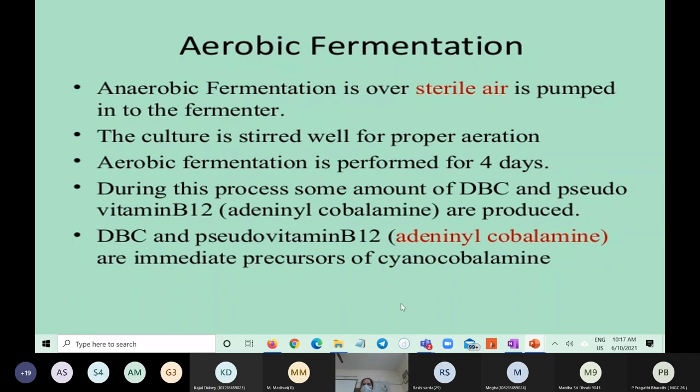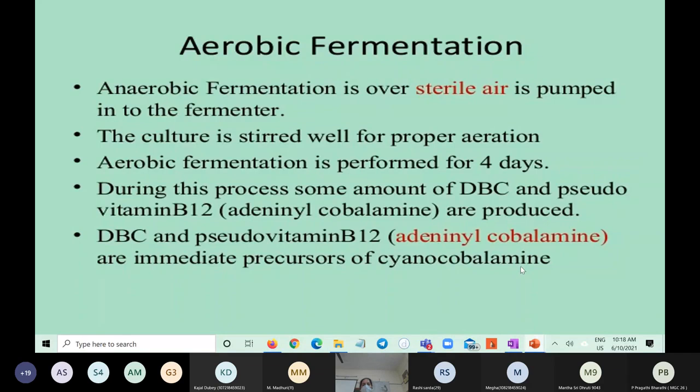So during anaerobic fermentation, DBC was encouraged to be produced. During aerobic fermentation, DBC and pseudo vitamin B12 are produced. These are the immediate precursors of cyanocobalamin, which is our end product.